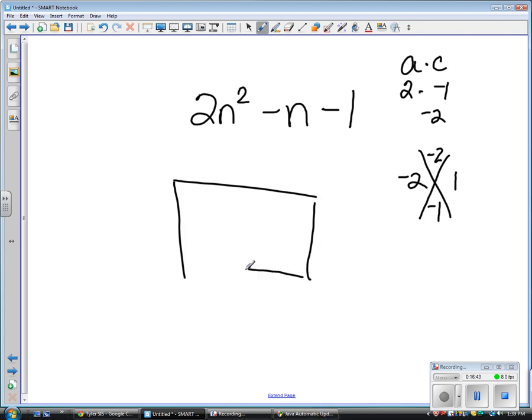Fill in your box right now, and then I'll fill in my box and check you. Remember, we don't have an x, we have an n. If you happen to interchange, it's not a big deal, okay? But just remember, the variable this time is an n.